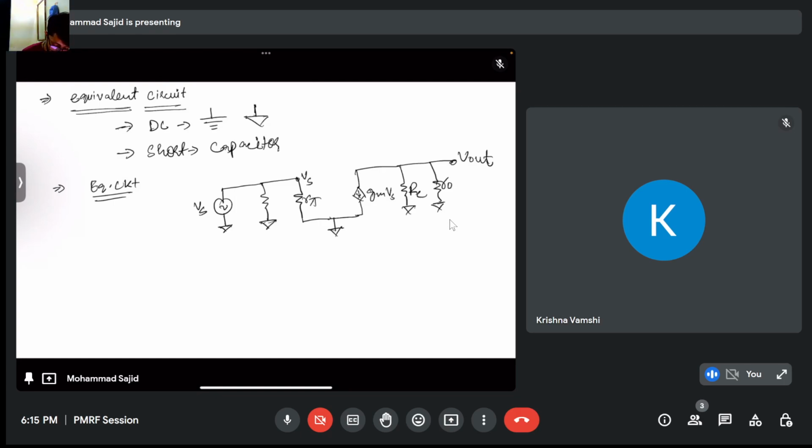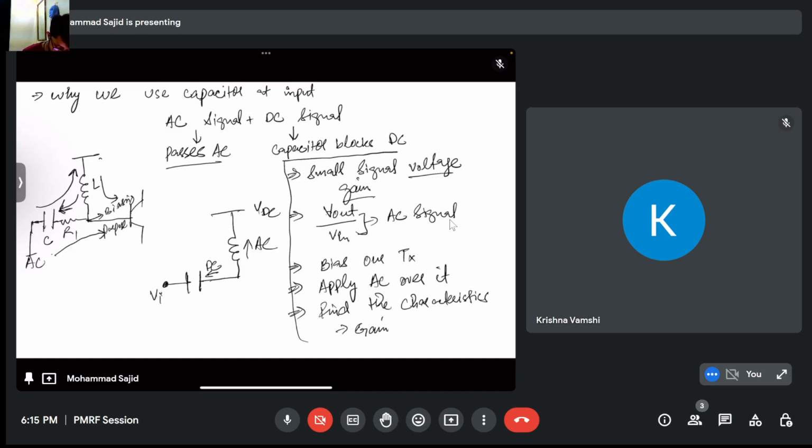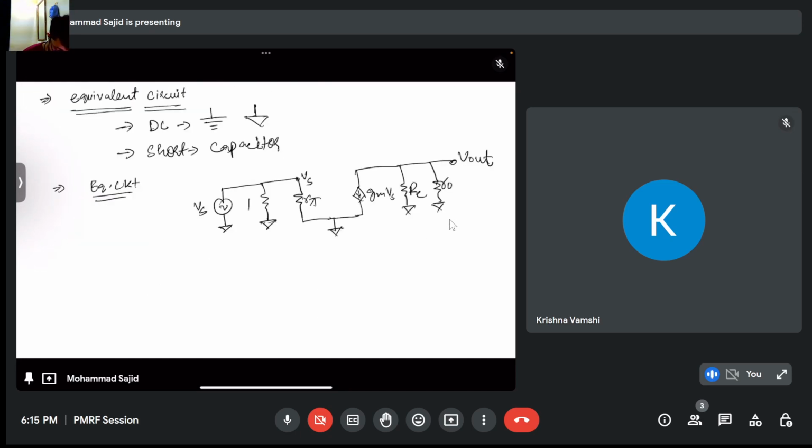Okay, so this is our equivalent circuit. And this is my biasing resistor RB. Okay, now to find the gain, what do we do?